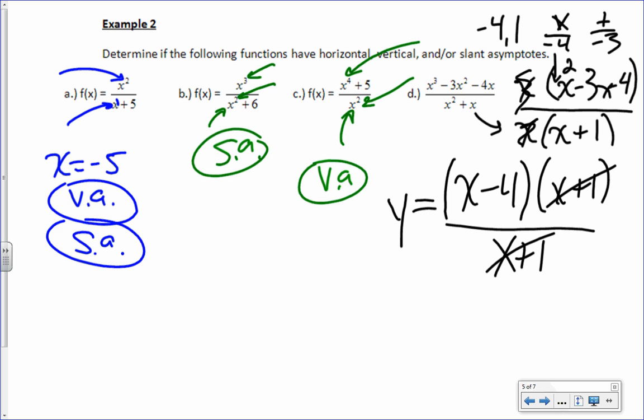Is that a rational function at this point? No, there's no variable in the denominator. So should I be looking for any asymptotes at this point? No, so here's the example of multiple holes. This is a line that has 2 holes in it. Does this look like a line that has 2 holes in it? Not really, but that's what it is if you were to graph it on your graphing calculator.